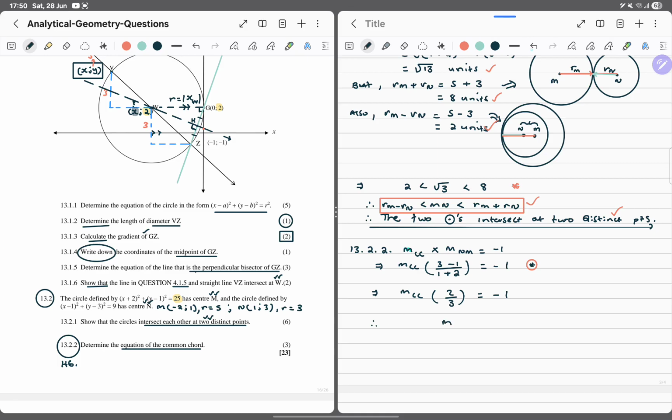Therefore, the gradient of our common chord is basically going to be the negative reciprocal of this. It switches around. Right.